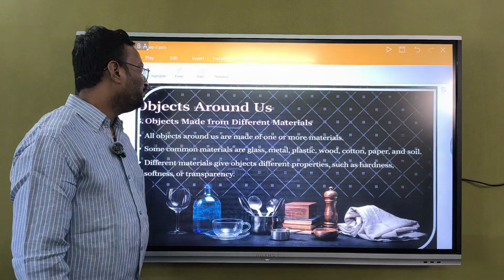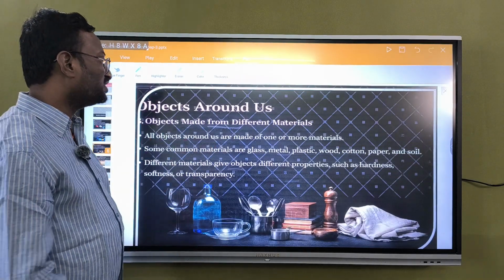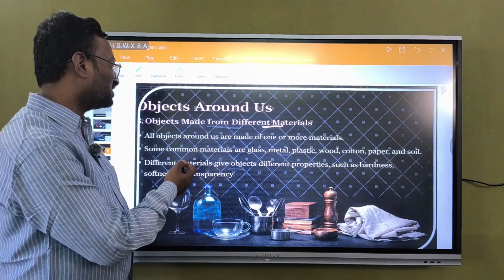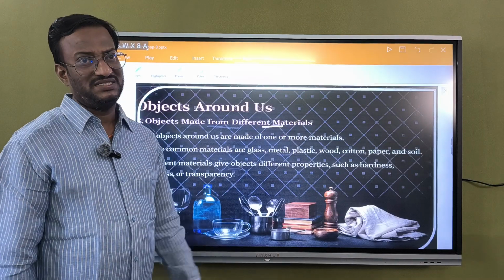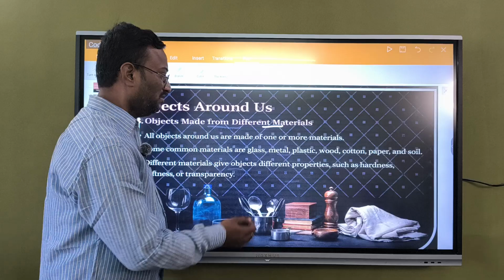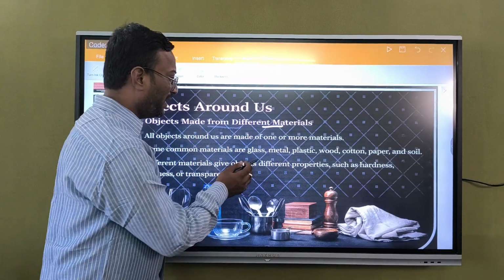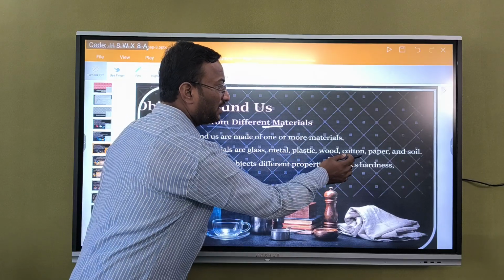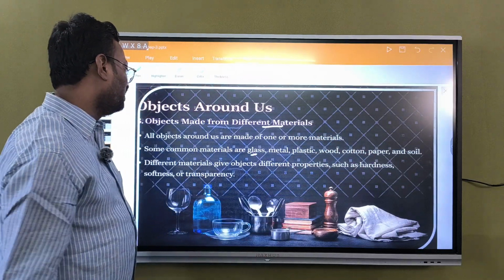And there is one more classification here, objects made from different materials. All objects around us are made of one or more materials. Some common materials are glass, metal, plastic, wood, cotton, paper and soil.